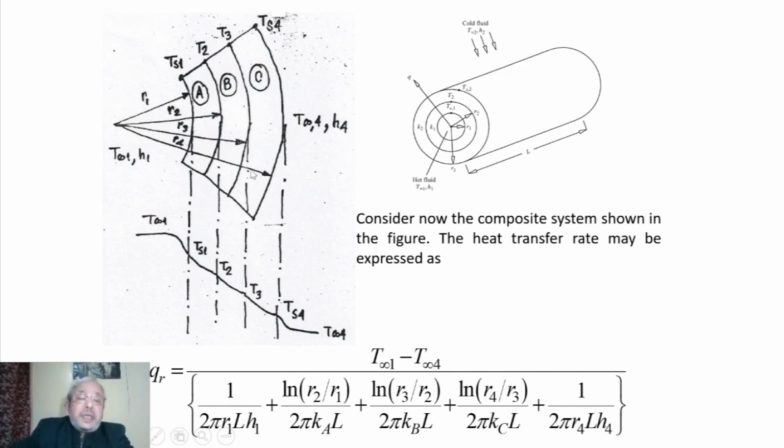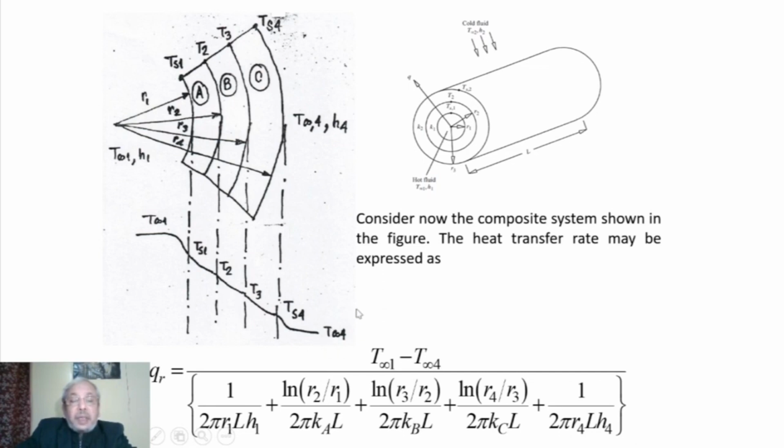These are A, B, C, radially arranged, or radial shells, material A, material B, material C, and the temperature variation we can see. And finally, the outside surface temperature is Ts4, and the ambient fluid temperature is T infinity 4.